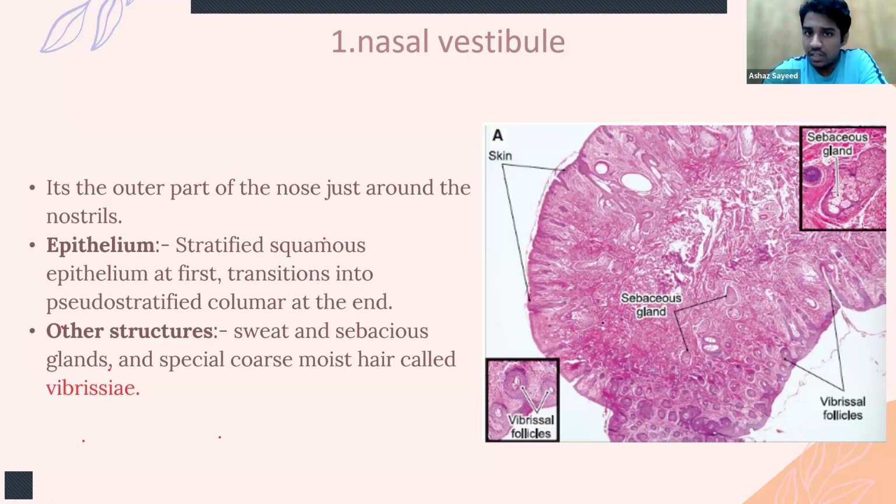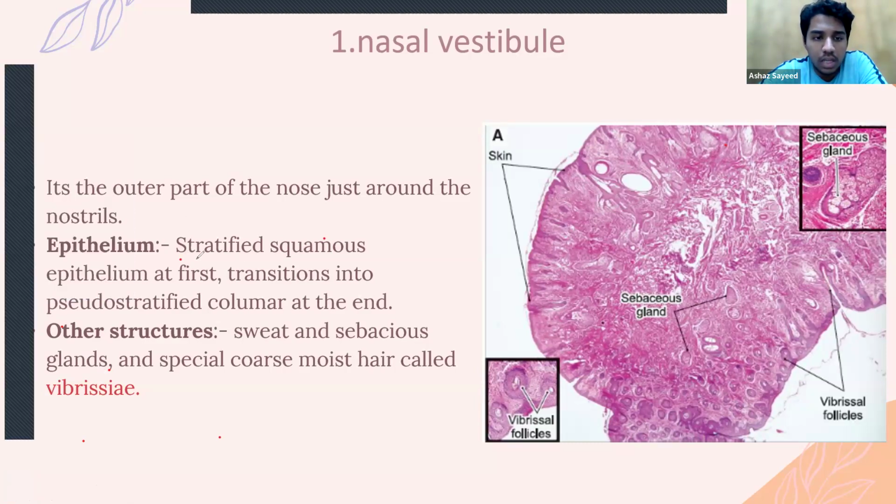But most of the nasal vestibule is in fact stratified squamous epithelium. That's the main epithelium in the nasal vestibule, and the transition occurs later.